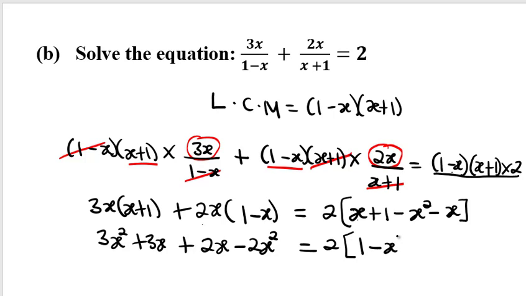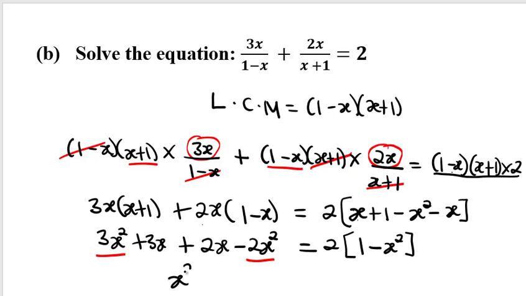Okay, now 3x squared minus 2x squared, they are like terms. Therefore, when we subtract that, it's going to give us x squared.